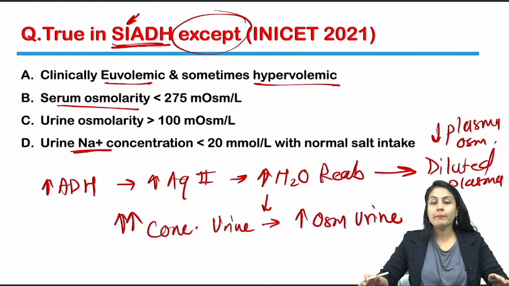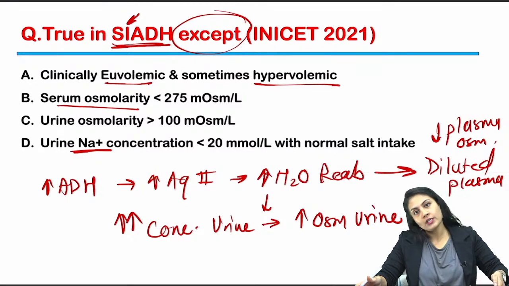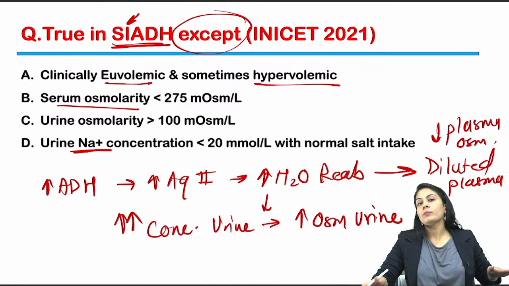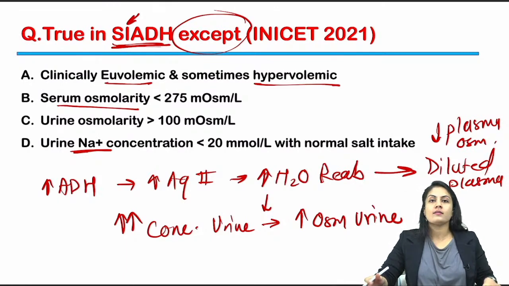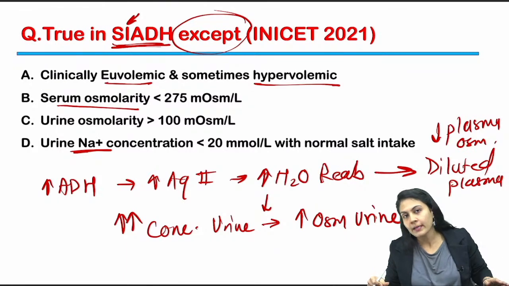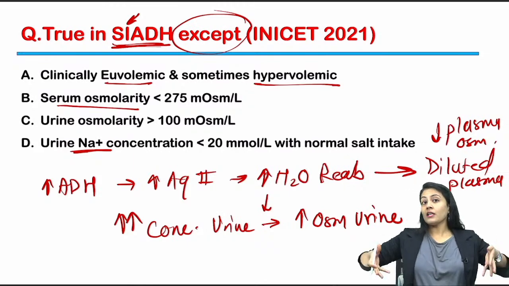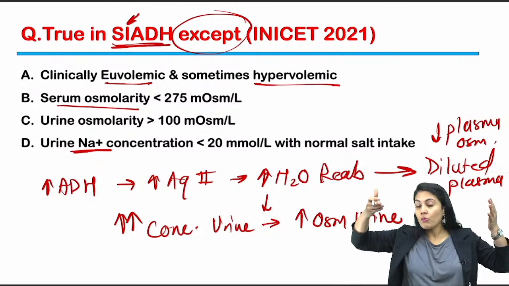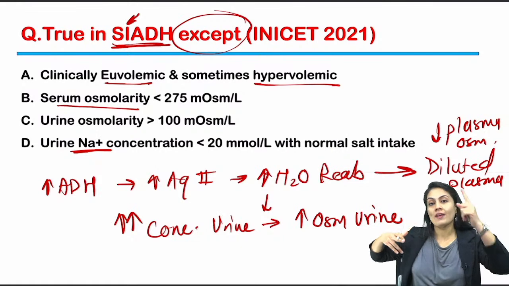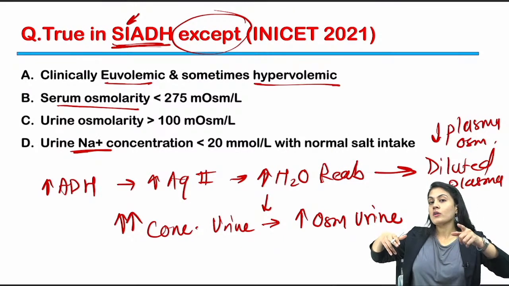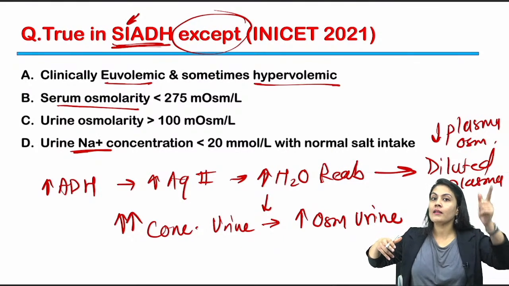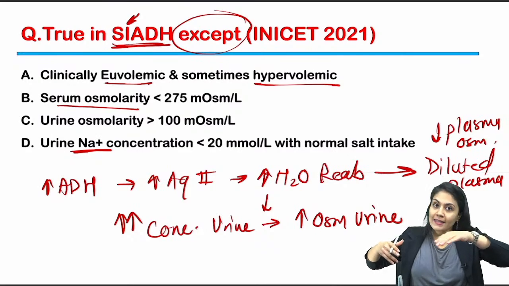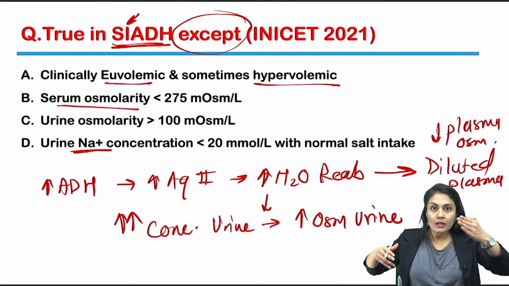Now, it depends upon whether the patient is euvolemic or not, because in initial cases, yes, he is going to be euvolemic because there is something known as the escape phenomenon which will be applied over here. If venous return is increased, since the plasma volume is increased, there will be activation of ANP. The ANP causes natriuresis via inhibiting the ENaC channels, and that makes the person clinically euvolemic.